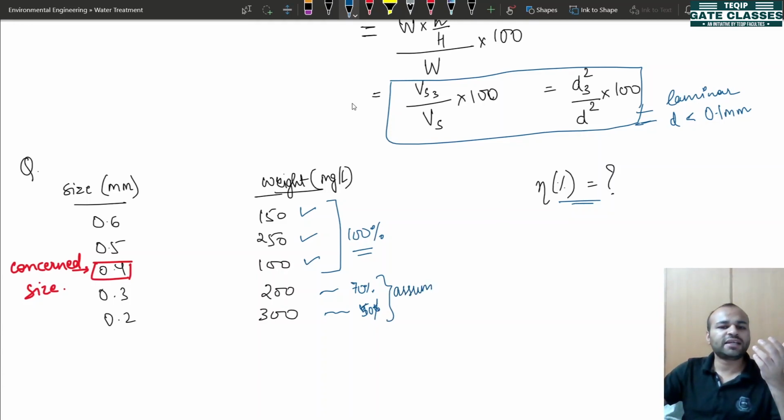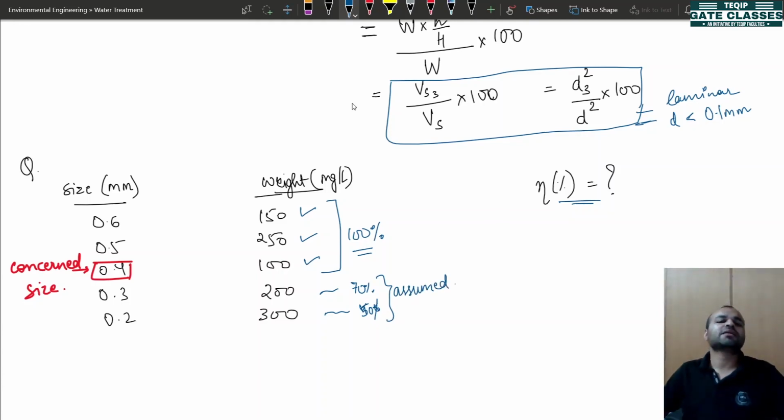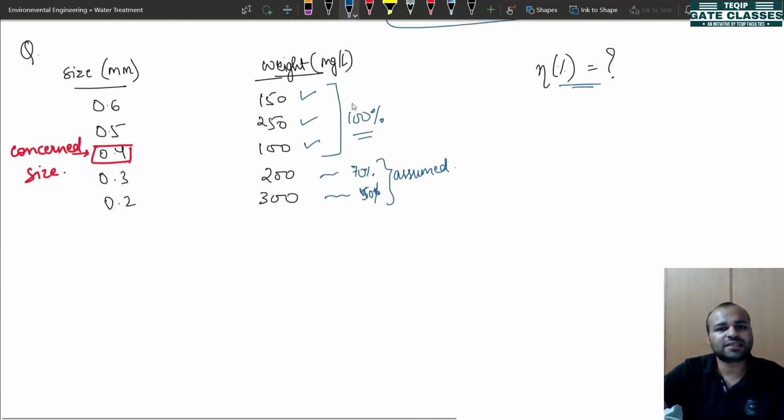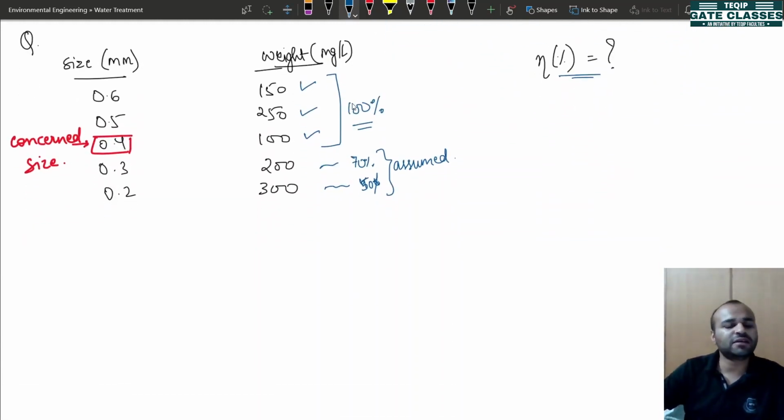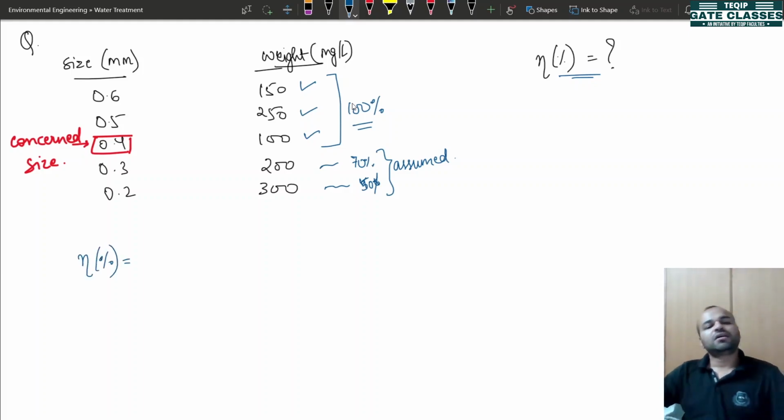They don't have any calculation backed up by them, but based upon the experience that these values will lie somewhere near this only. We have assumed certain values. Okay. Now based upon this assumption and the things that we have learned, we can find out the value of percentage removal efficiency. So how can we find out?